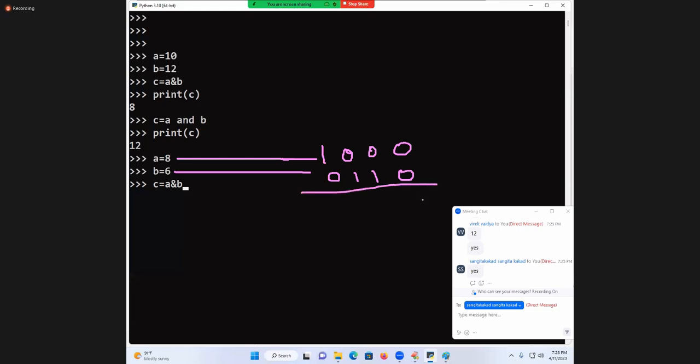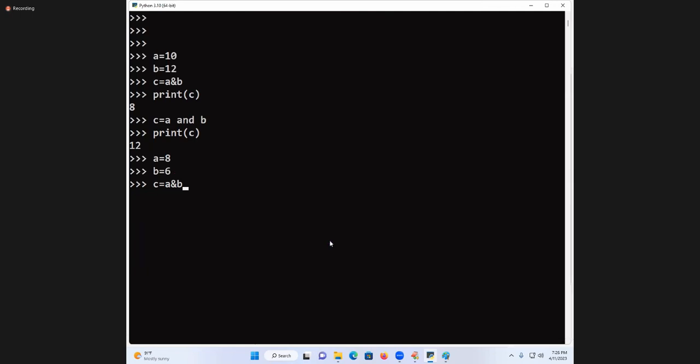Now answer. 0, 0, 0, 0. 0, 0, 0, 0 is 0. Very good. So answer is called what here? Print C. Answer is 0. A and B. A and B answer. 6. B and A.